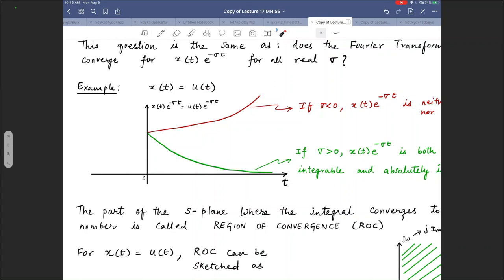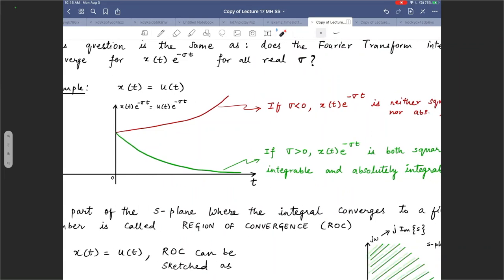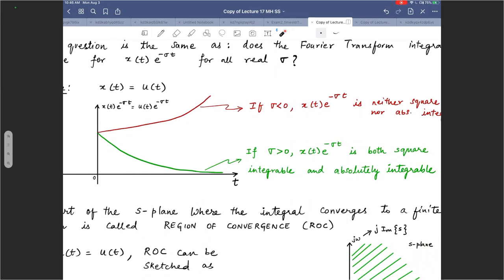Now, your x-axis is time, your y-axis is u of t multiplied by e to the minus sigma t, where sigma is a real value. In order to answer that question, let us consider both conditions. One is sigma is less than 0, and the other is sigma is greater than 0.